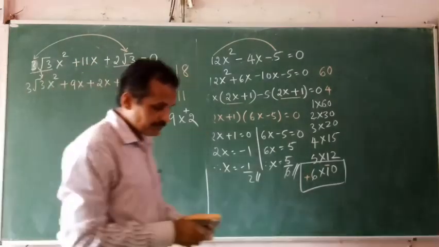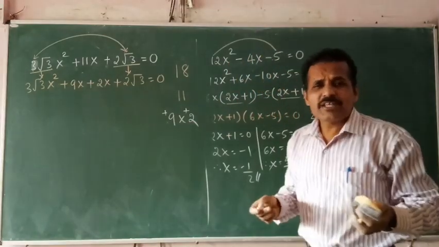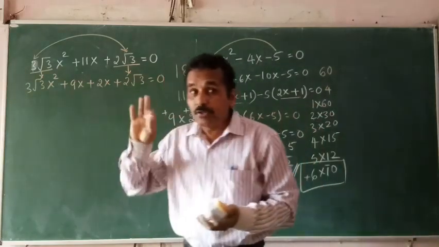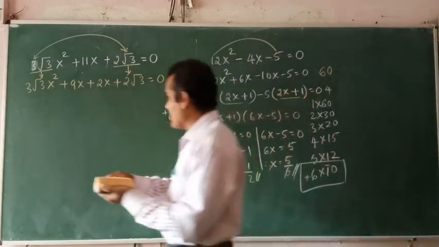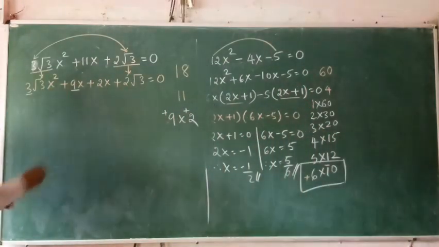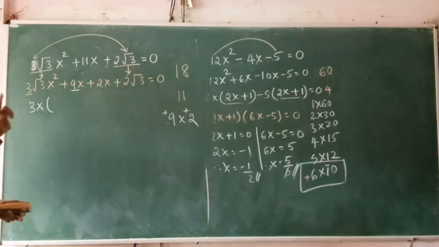Okay. Now how to solve this problem? What mistakes are you doing, my children? I will just tell you what mistakes you are doing. You will feel that 3 is a common, and you will take 3x as a common. It is not the right method.